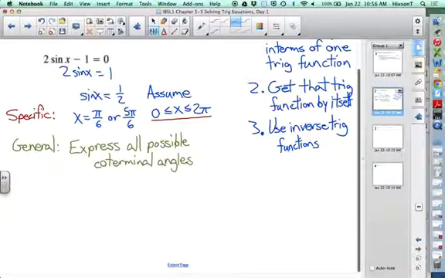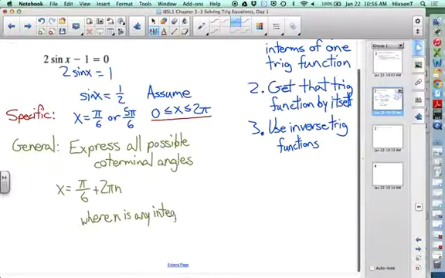So x would equal pi over 6 plus 2 pi n, and we would specify where n is any integer.